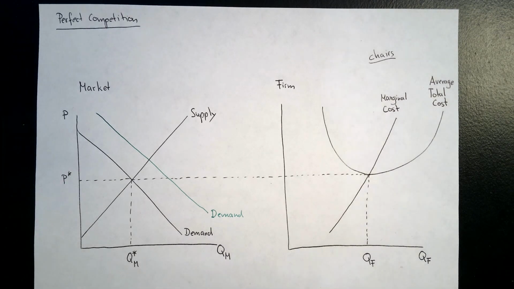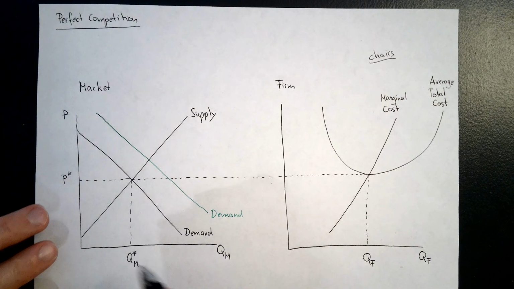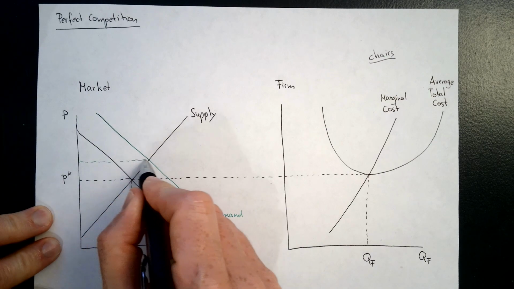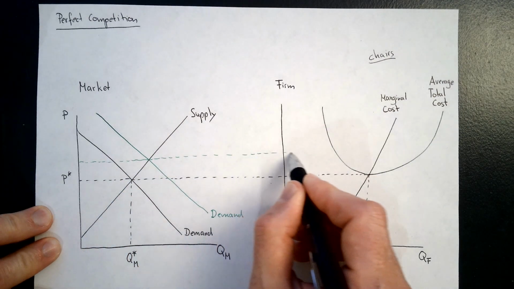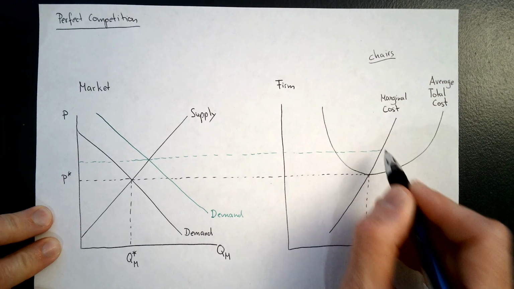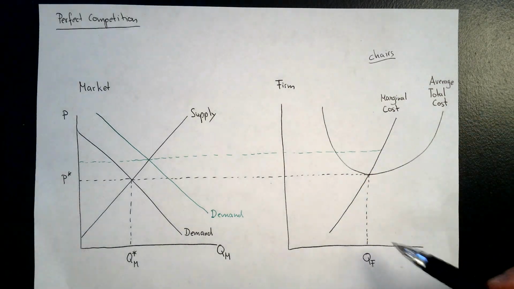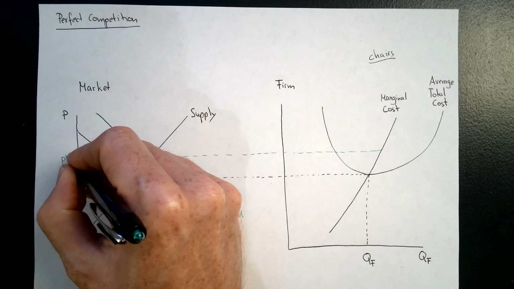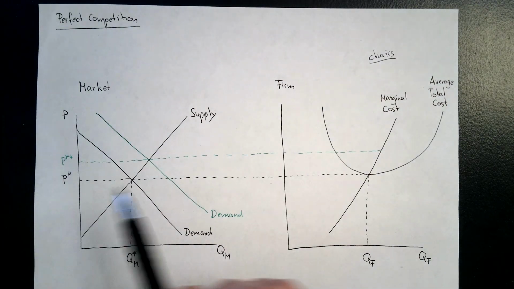Then in the short run, you would have an increase in the price. And the firm would again set the price, let's call this P double star, equal to their marginal cost.